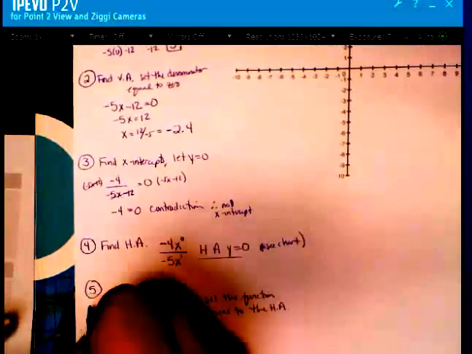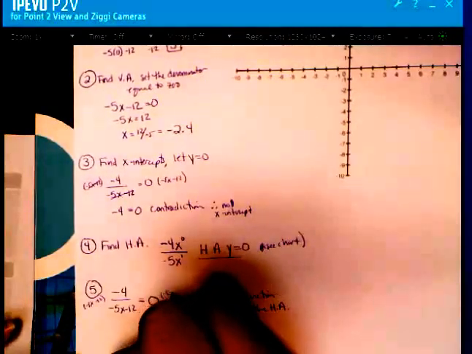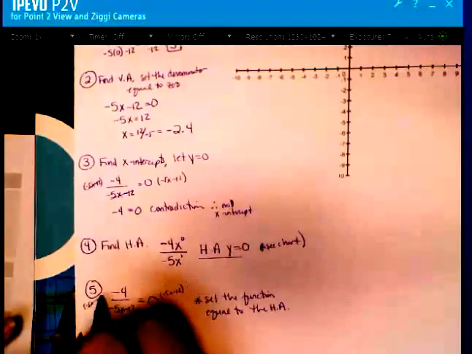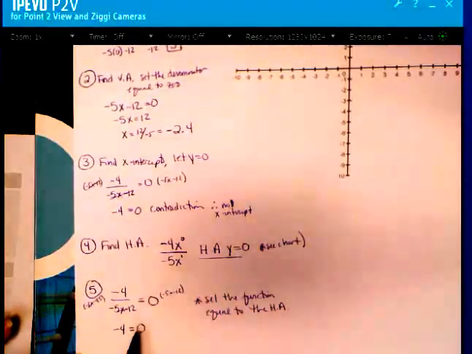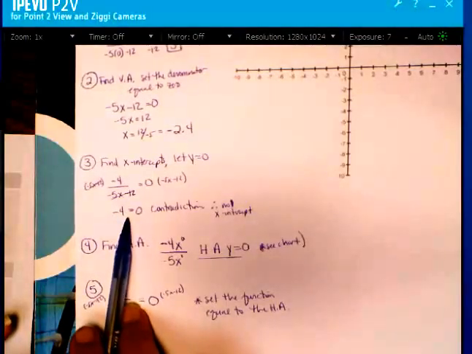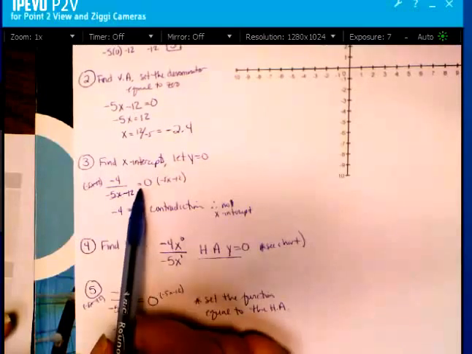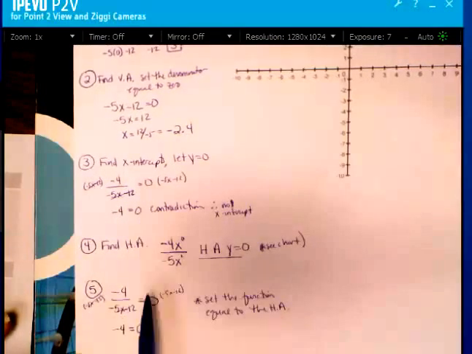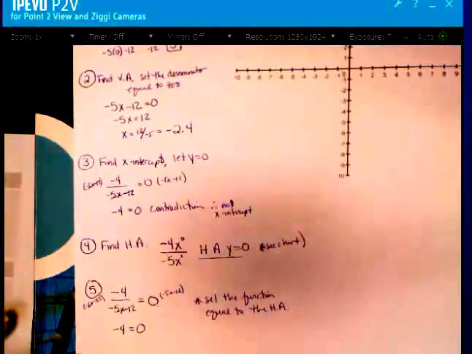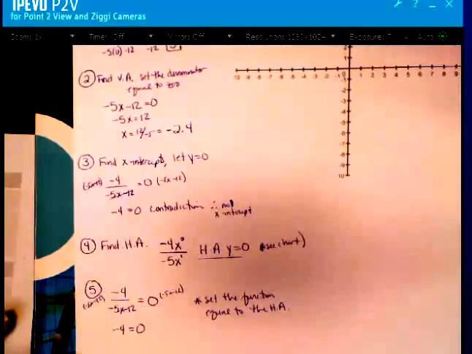And then we're going to solve this equation. So we're going to multiply both sides by negative 5x minus 12. Those reduce, leaving us with negative 4 equals 0 times this expression. Notice that we did that before, and the reason it ended up looking like we did it twice is because our horizontal asymptote happened to be 0. If this was a different number, which you'll see in another example, this situation doesn't necessarily repeat step number 3.